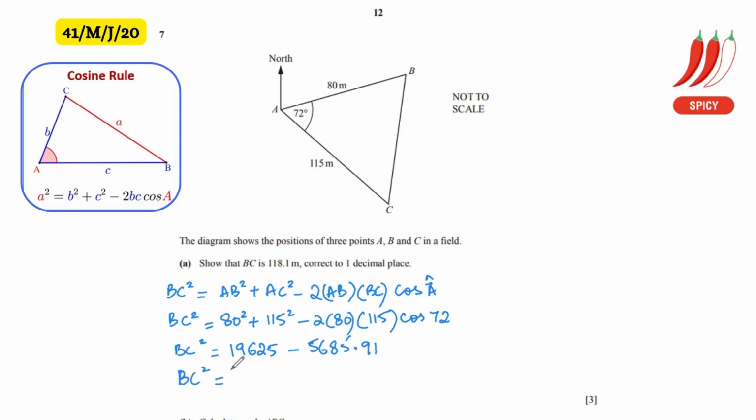Subtract the two, and what we get is 13,939.09. Now we square root both sides, and that equals 118.06 meters.